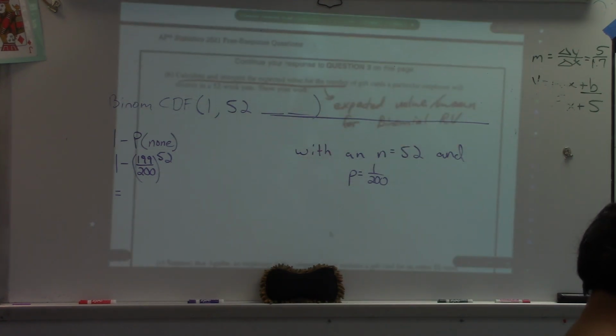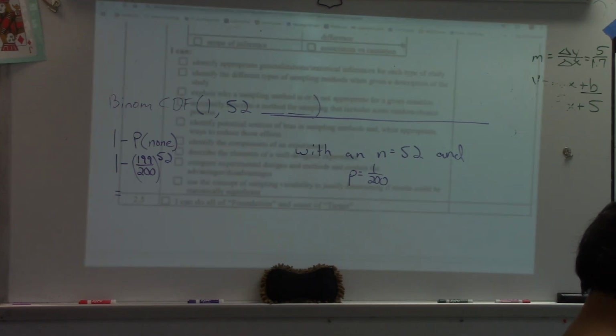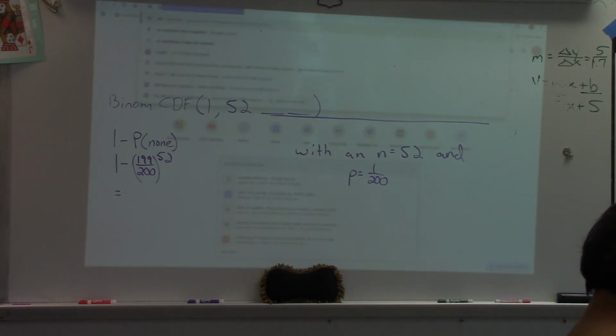How would we calculate and interpret the expected value for the number of gift cards a particular employee will receive in a 52-week year? Let's see if I can pull up a formula sheet.